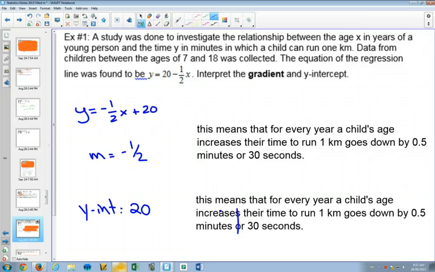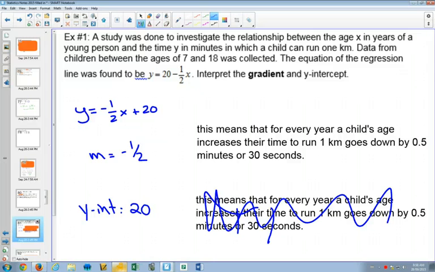Okay, but this is good because that doesn't make sense, and neither does the y-intercept. Because the y-intercept says that as soon as someone is born, they can run it in 20 minutes, which doesn't make any sense. So I accidentally, this makes no sense either. So it's all good. Okay, try the next one.